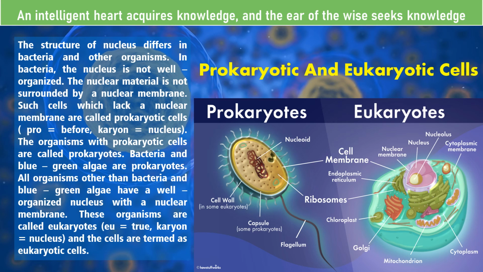Okay? And such kind of cells are known as eukaryotic cells. If nuclear membrane is absent, prokaryotic. If nuclear membrane is present, eukaryotic. Absence, pro; present, eu. Okay, fine, good.